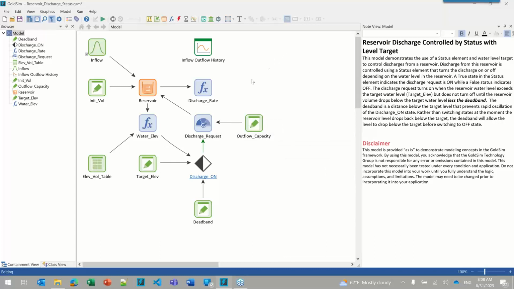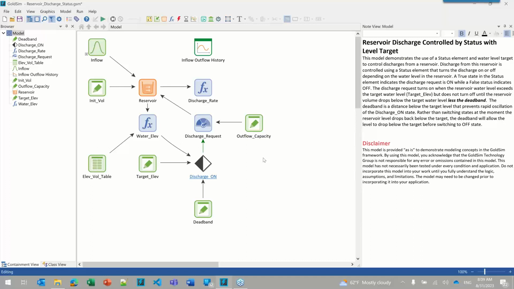So what this model does is use a status element that will determine whether or not we need to make a change to our controls to make an outflow request on this reservoir.